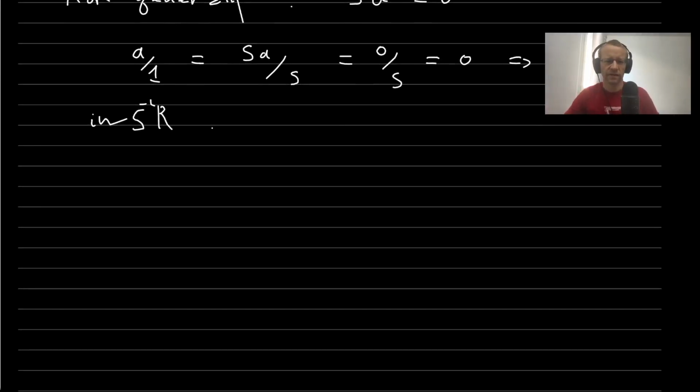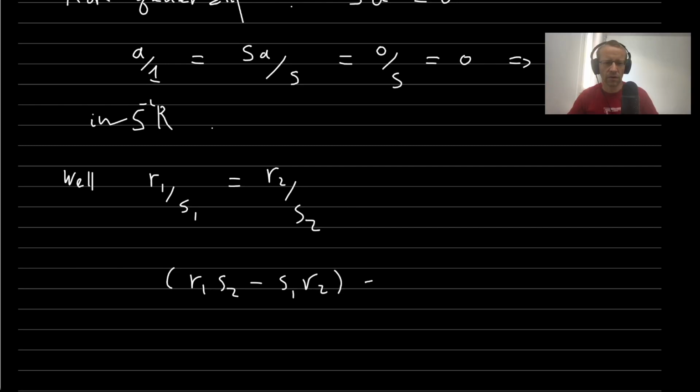So what exactly do we have to set to 0? Well, if we have two fractions, R1 over S1 and R2 over S2, then these are equivalent not only when the cross product is 0, but also if there is an element T of S such that when we multiply this cross product by T, it is equal to 0.